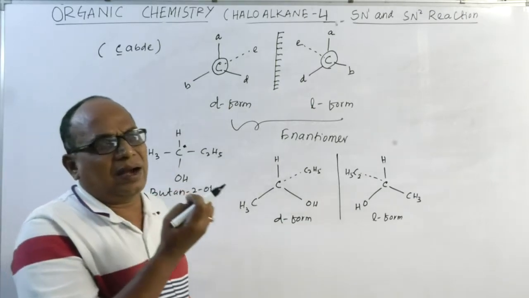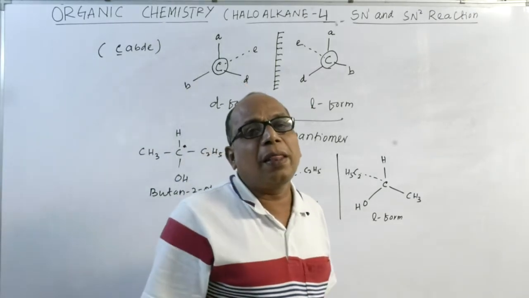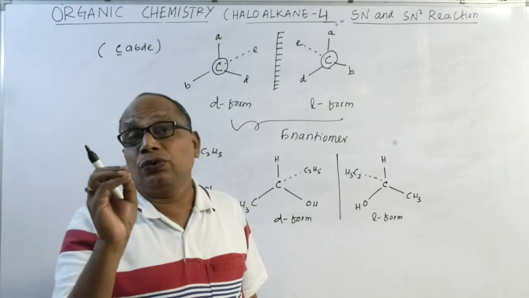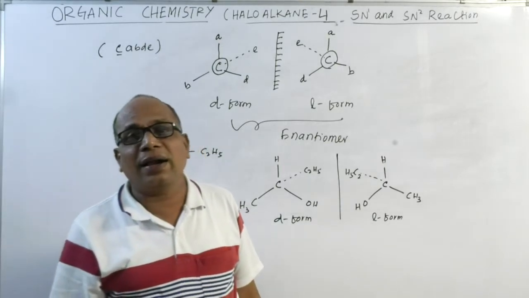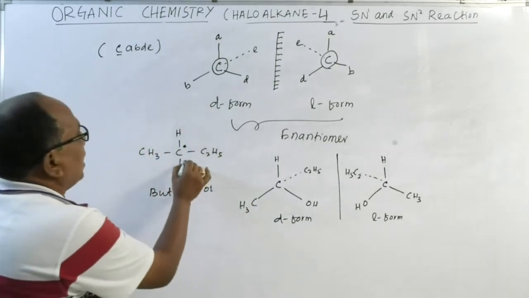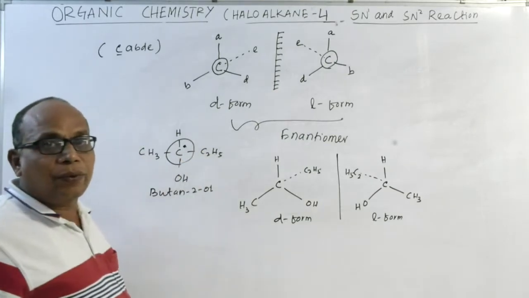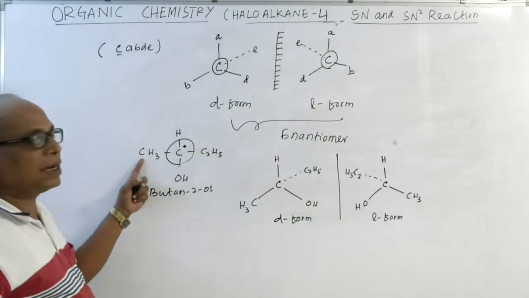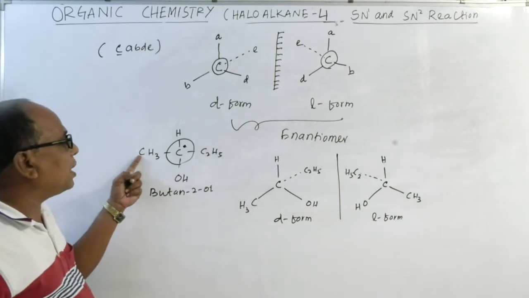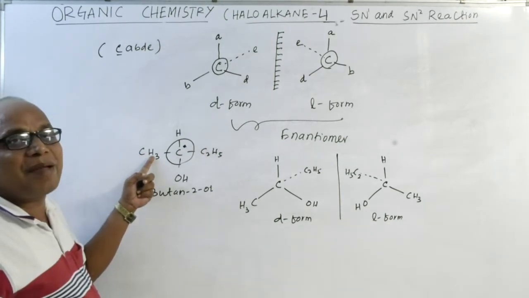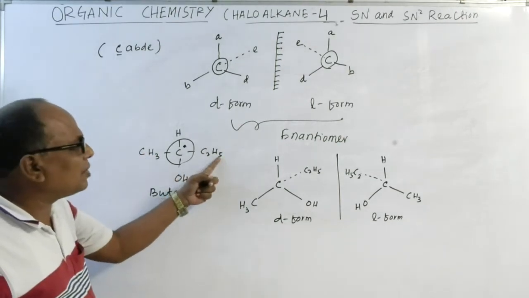And for the condition of optical isomerism, the molecule should have at least one asymmetric carbon atom. You see, this is not an asymmetric carbon atom because this carbon is bonded with 3 same hydrogens. This is also not asymmetric.